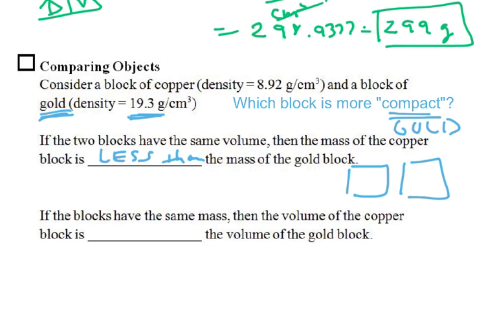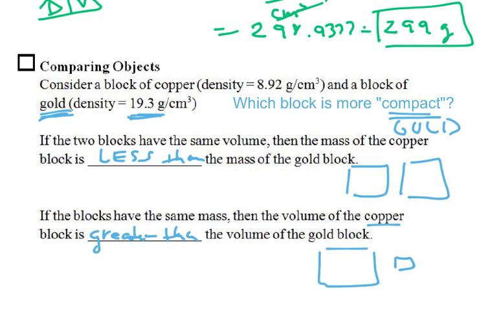If the blocks have the same mass, then the volume of the copper block is what compared to the volume of the gold block? So again, if the copper is less dense, then if I have the same mass, it's going to be kind of fluffier. Okay, if the copper is more dense, then it's going to take up less volume. So the volume of the copper is greater than the volume of the gold block.